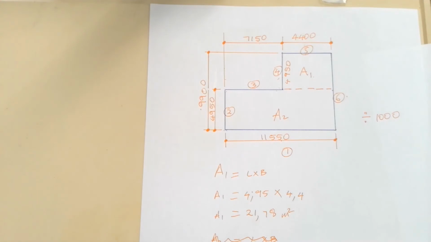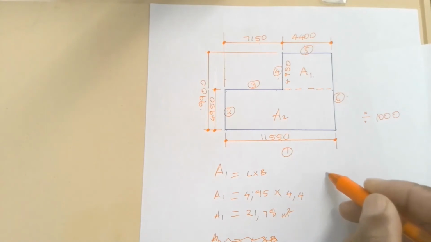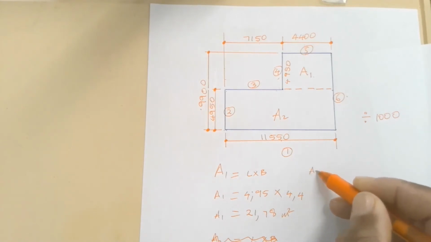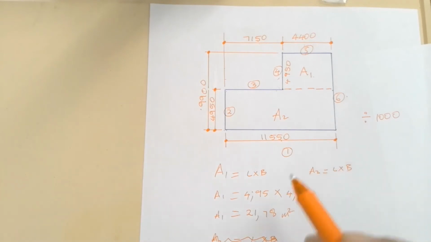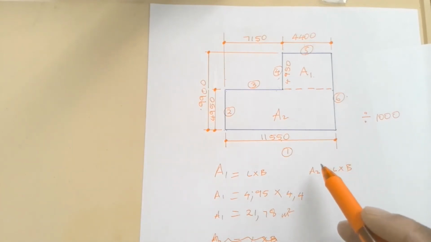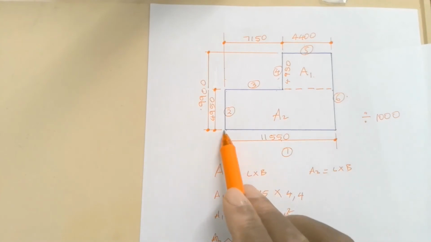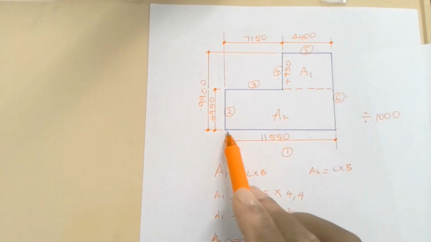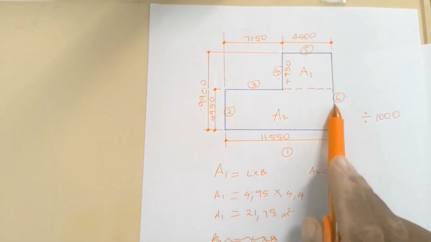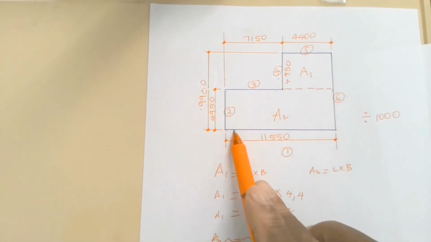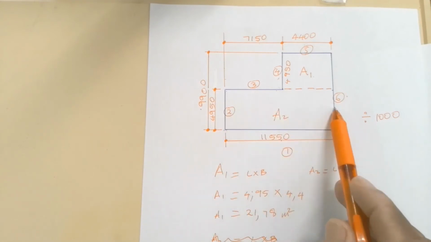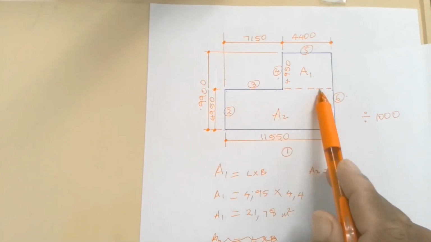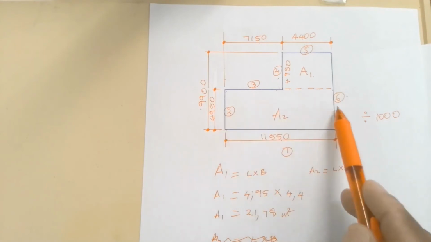So now we finished calculating area 1. Now let us calculate area 2. So which means A2 is equal to length times breadth. What dimensions do we have on area 2? We have that distance. Remember, area 2 is this area here, which has side 1, side 2, and then side 3. Okay, two of these sides are equal.